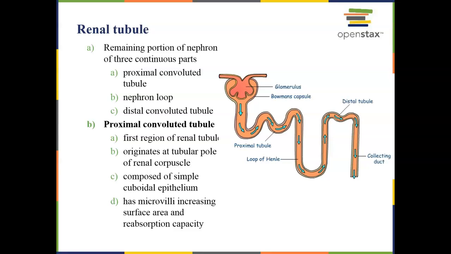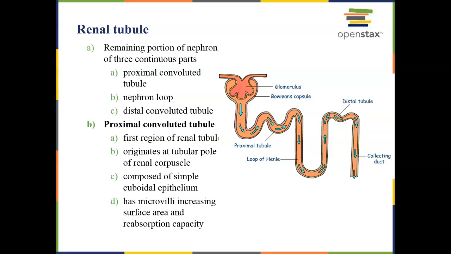The proximal convoluted tubule is the initial portion of the renal tubule, and this is where the majority of reabsorption and secretion occur in the nephron or in the renal tubule.